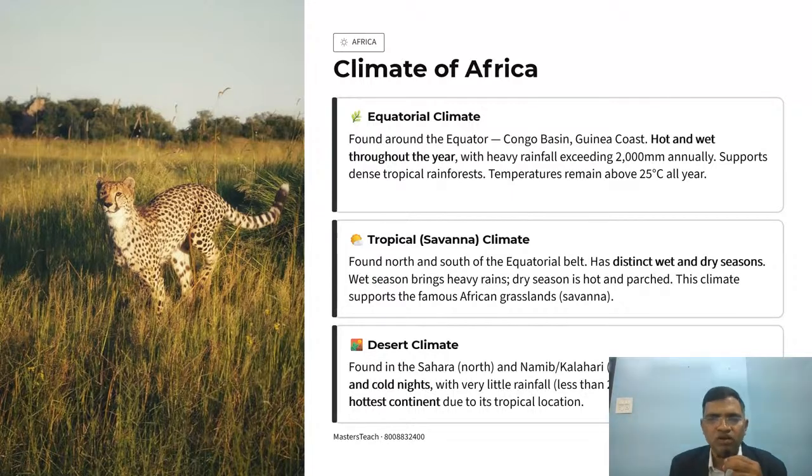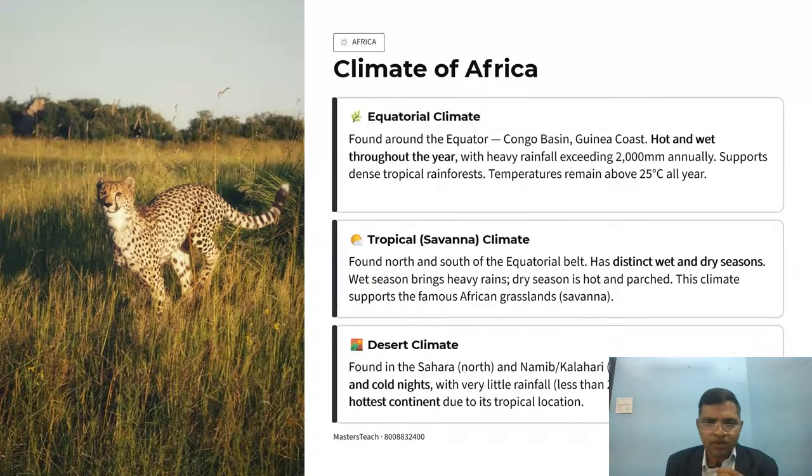Then the tropical climate, also called savanna climate, is found north and south of the equatorial belt, with distinct wet and dry seasons. The wet season brings heavy rains and the dry season is very hot. This climate supports the famous African grassland, the savanna. You have to remember the same.